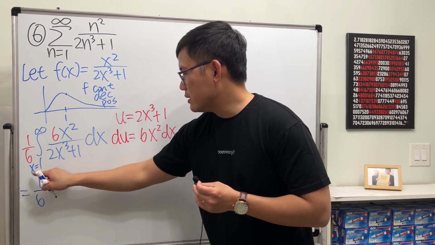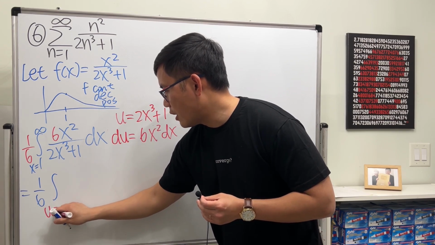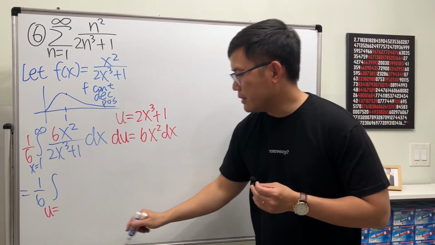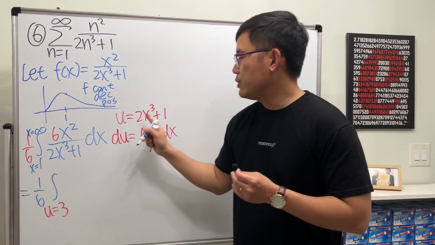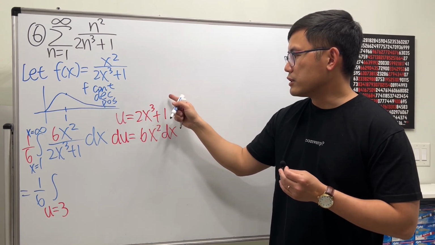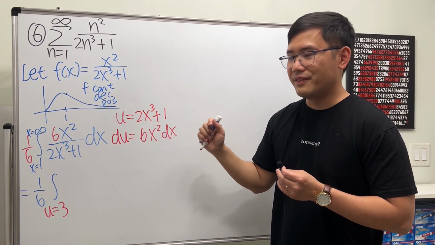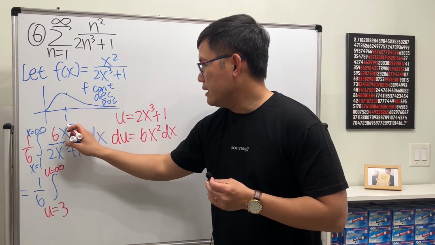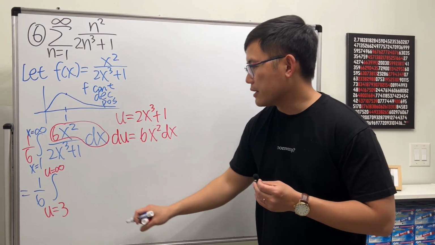And when x is equal to 1, you plug into here. You will start at 2 times 1 to the third power is 2, plus 1, we get 3. When you put infinity into x, infinity to the third power is infinity, times 2 is still infinity, plus 1, infinity. This is our du. Let's put it on the side.